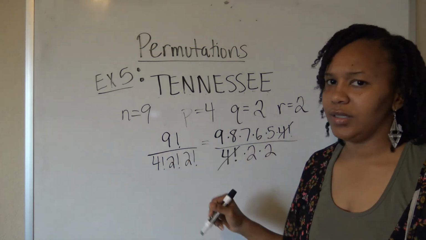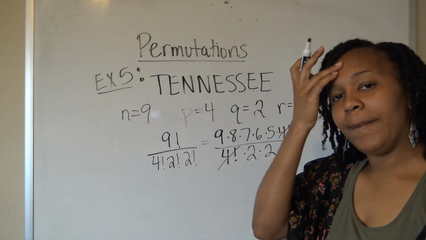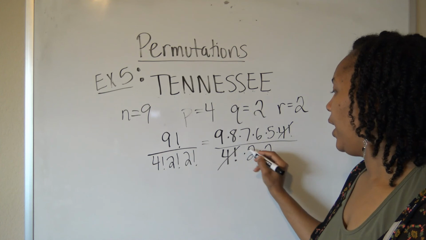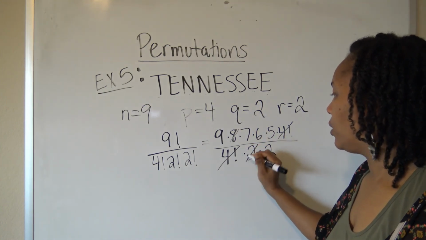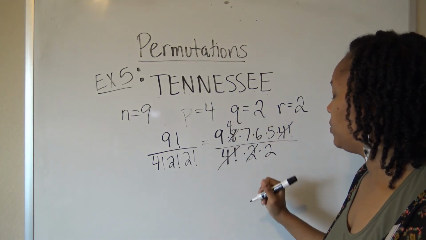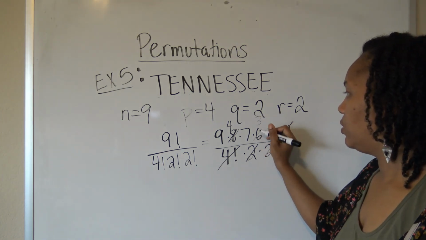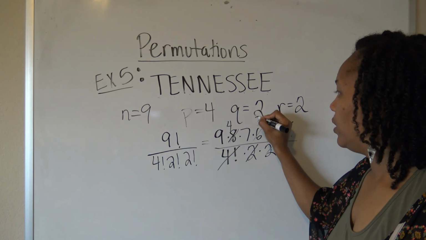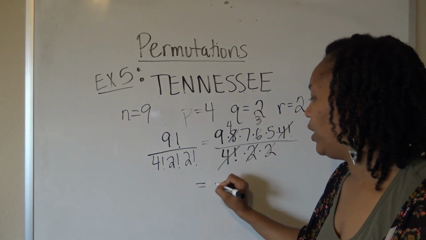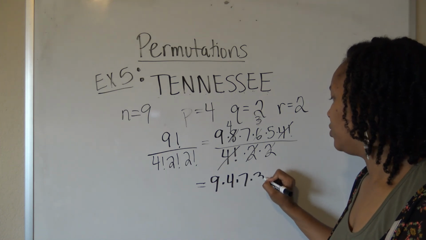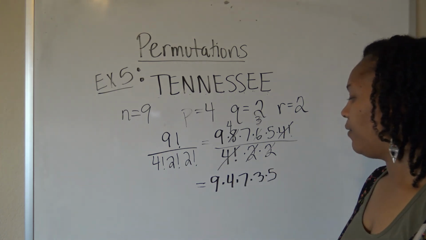Again, you can plug all this in your calculator and do it that way, but I just want to do most of it by hand. So I'm simplifying. 8 divided by 2 is 4, so I'm going to cross those out and write a 4 in its place. And also 6 divided by 2 is 3, so I'm going to cross both of those out and write a 3 up here in the top. And so that leaves me with 9 times 4 times 7 times 3 times 5.